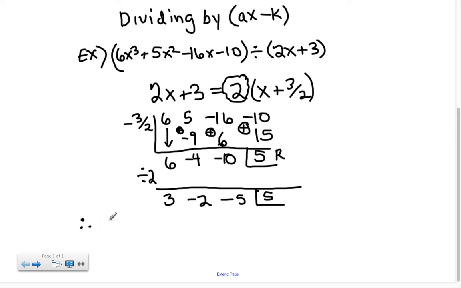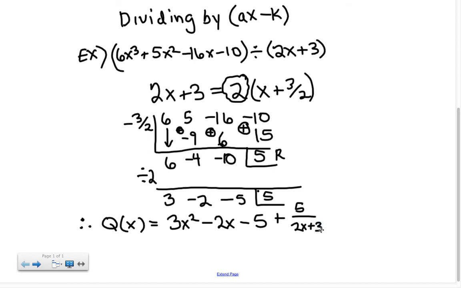So therefore, I can say that the quotient answer is going to be 3x squared minus 2x minus 5 plus 5, a remainder of 5, divided by 2x plus 3. And that's your quotient statement.